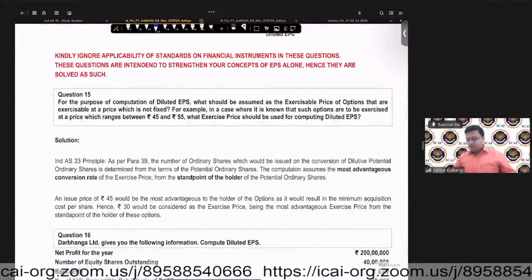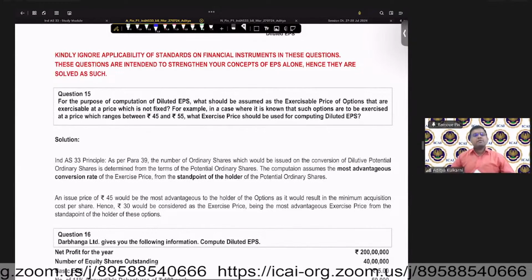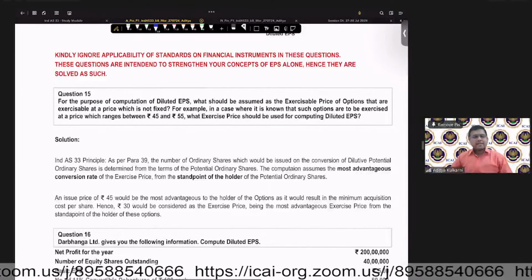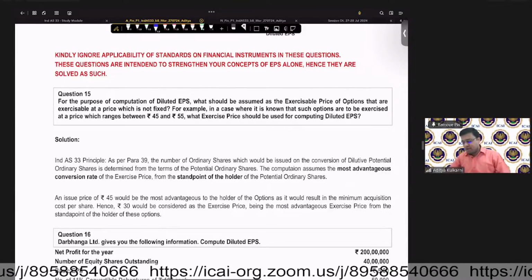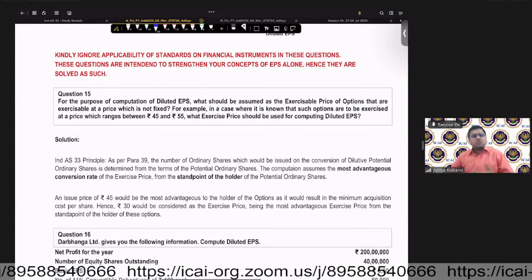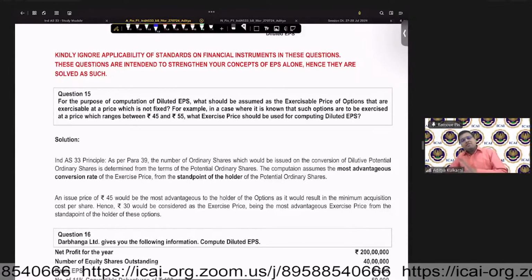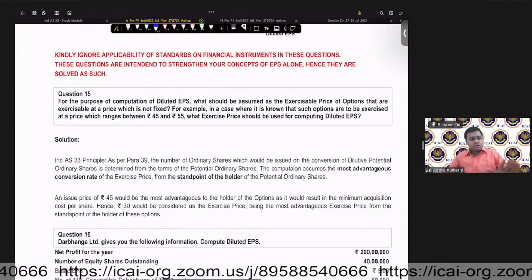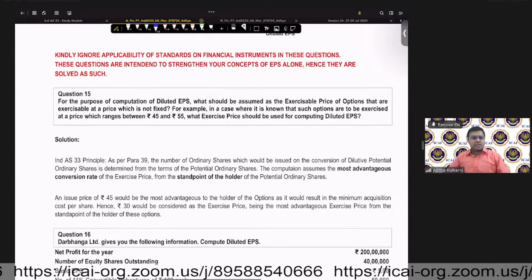All right. So currently we will not look at financial instruments because right now I want us to understand the diluted EPS concepts. These questions, we just want to refresh whatever we have done, and then we will look at separate problems where we apply financial instruments.